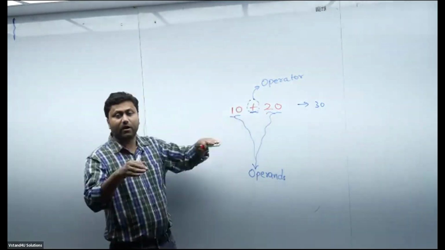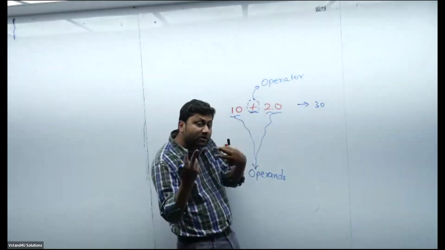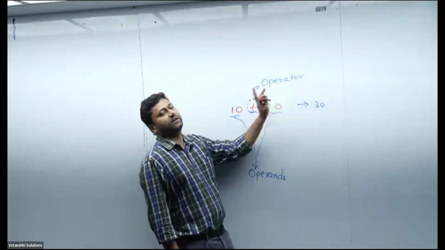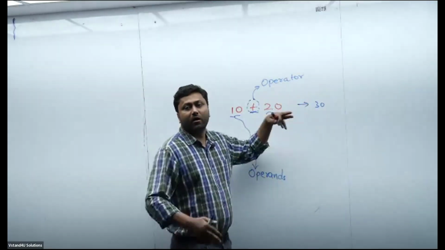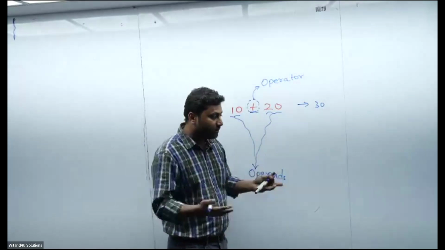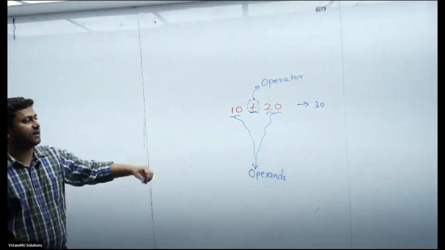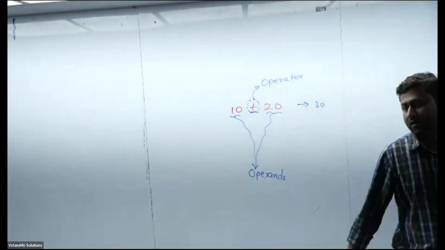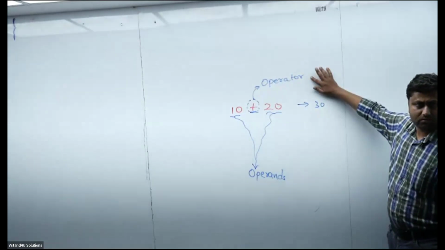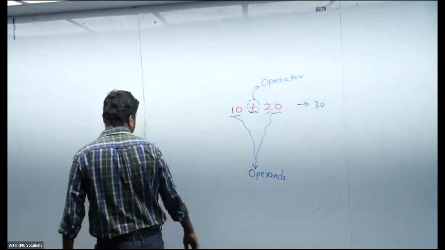Operands are the data on which the operation is being performed. What operation is being performed? The operator will tell. On what is this operation being performed? Operands. Are you with me? Take this diagram, make a note of it. Then write down the definition of operator you wrote. Write down about operand.